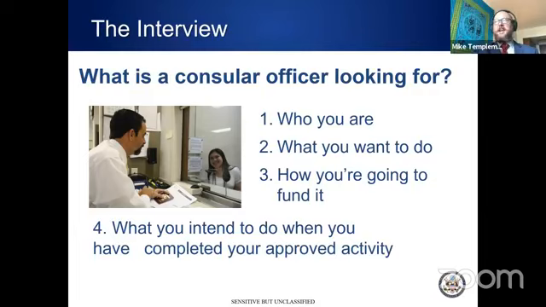They're not preset questions. They can change at any point. You may have friends who've interviewed and a consular officer asked them 3 or 4 questions. You may have a friend who got asked 30 questions. There's no prescribed time for that interview. There's no prescribed specific questions that will definitely be asked.